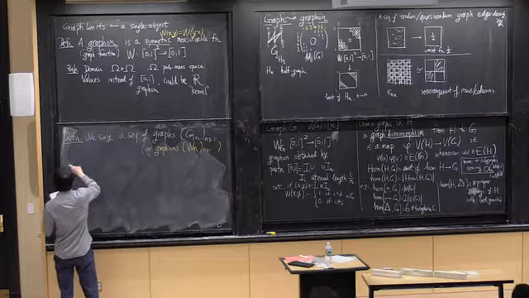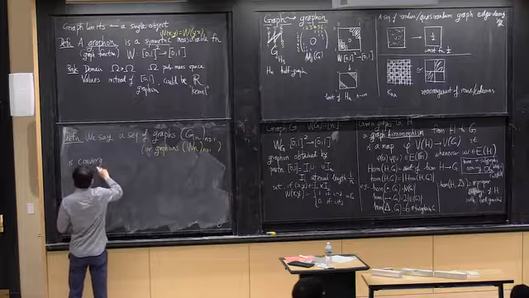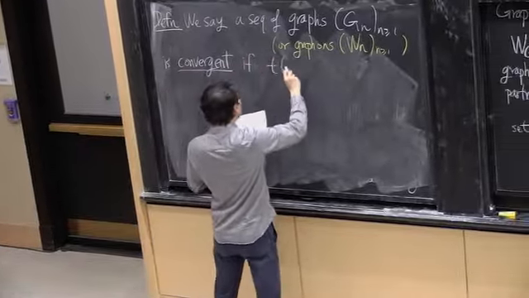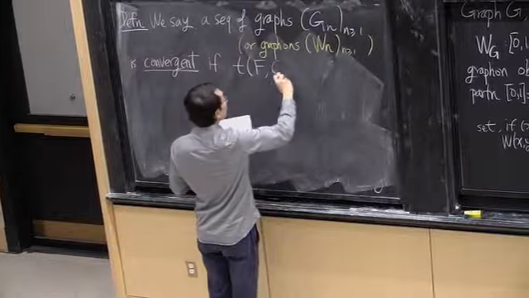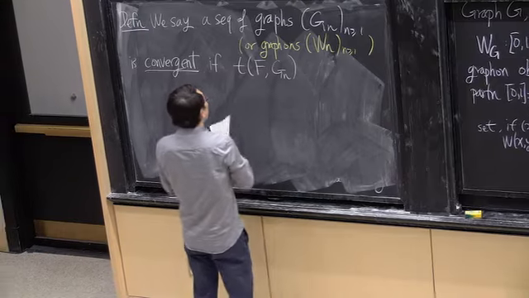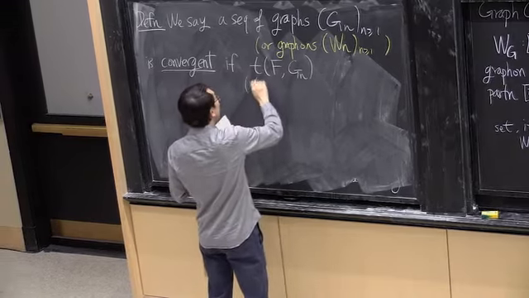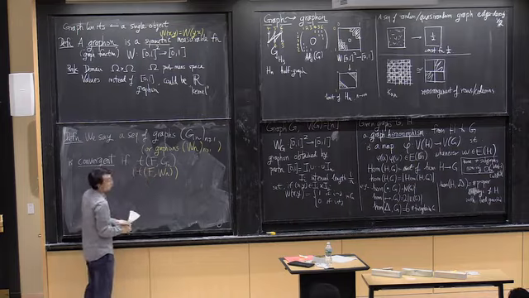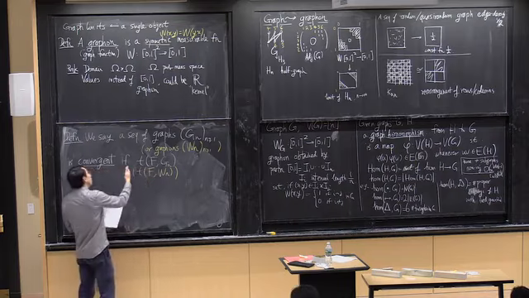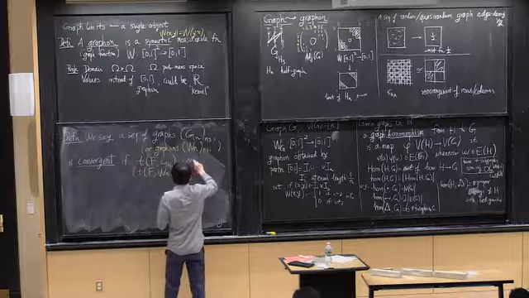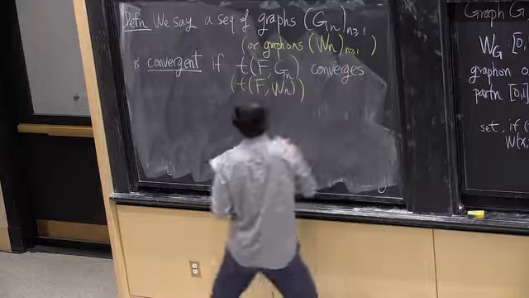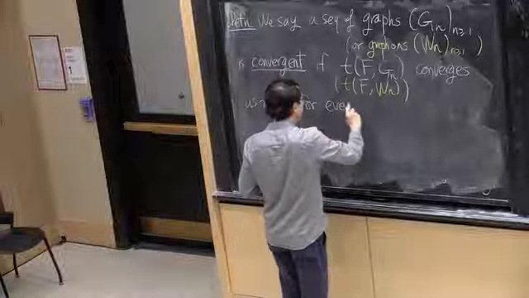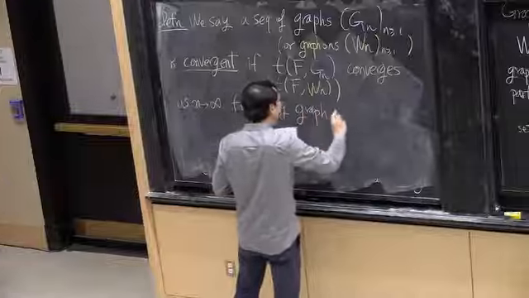We say the sequence is convergent if the sequence of subgraph densities, or of course, if you're looking at graph functions, the homomorphism density in graph functions, converges as n goes to infinity for every graph H.